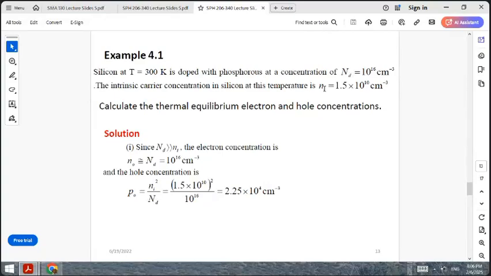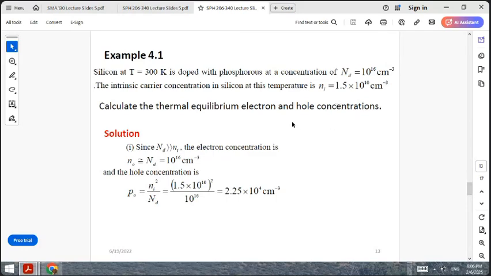The intrinsic concentration. Can we determine the number of electrons and the number of holes in a given volume, or in other words, what we call concentration?